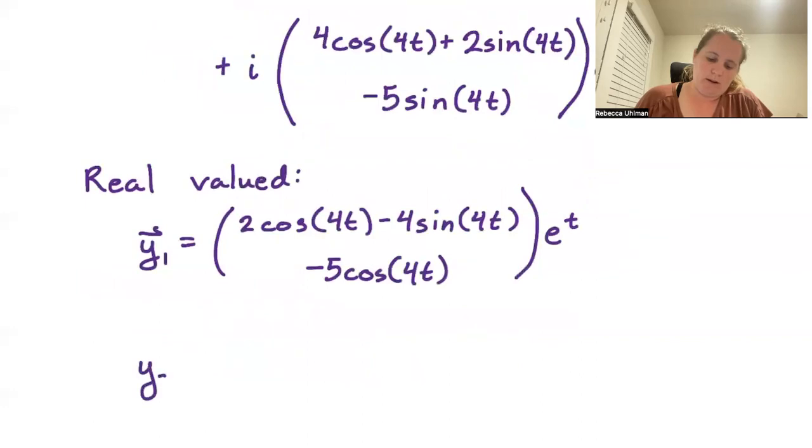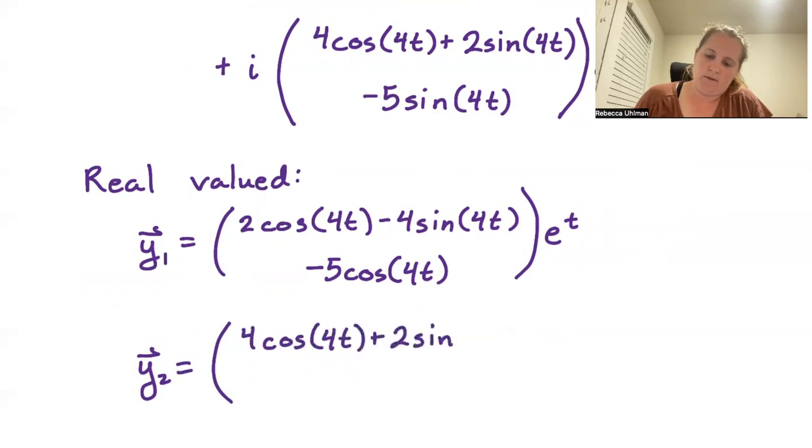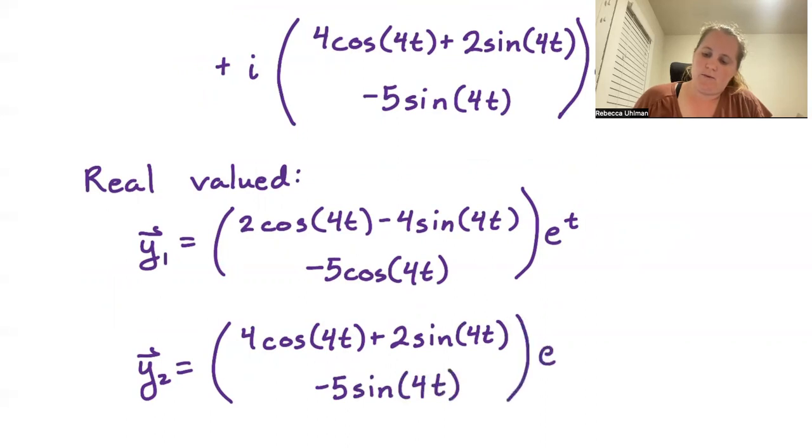And we would pick y2 to be 4 cosine of 4t plus 2 sine of 4t, and then negative 5 sine of 4t, all multiplying e to the t.